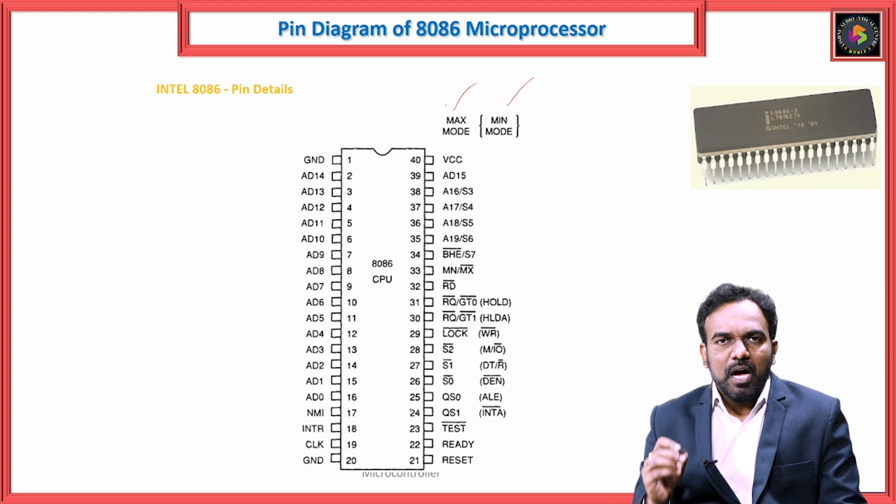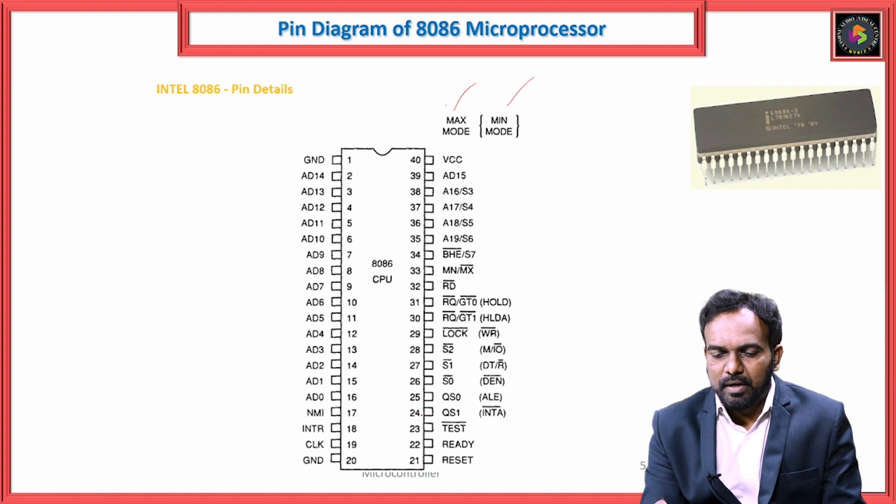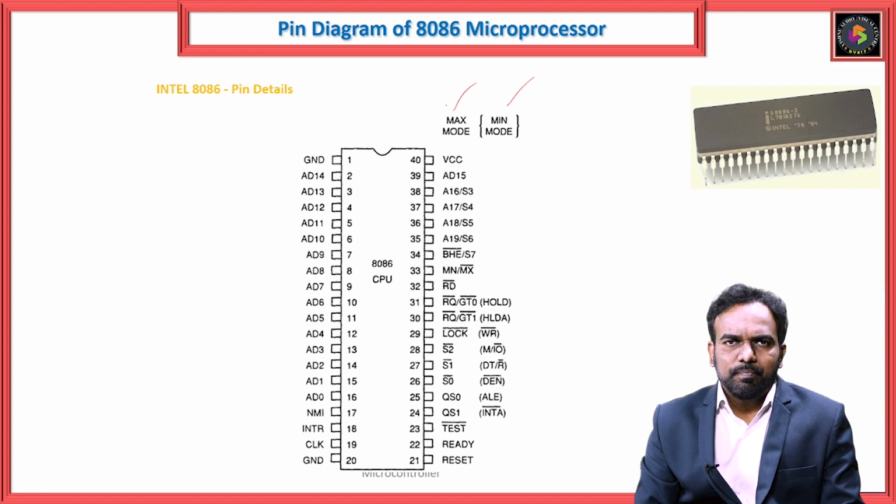For example, if you operate our 8086 microprocessor in maximum mode, pins 24 to 31 are available as QS1, QS0, S0 bar, S1 bar, S2 bar, LOCK bar, RQ/GT0 bar, and RQ/GT1 bar. These are all the pins.